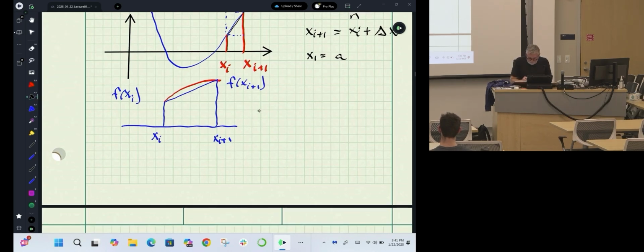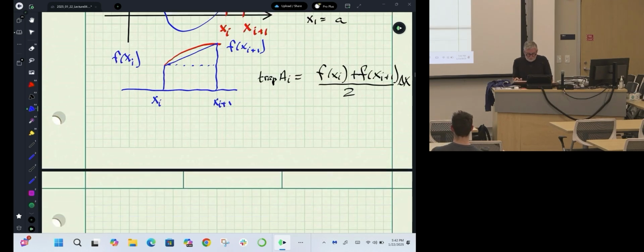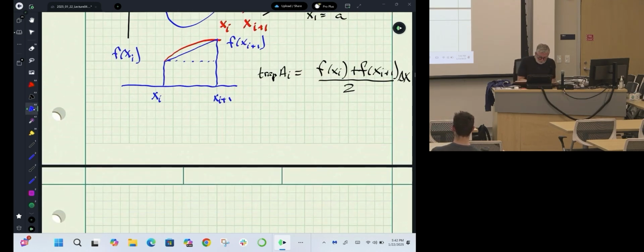And I claim that the area is (f of x sub i plus f of x sub i plus 1) over 2 times delta x. Okay, let's just see why that's true.